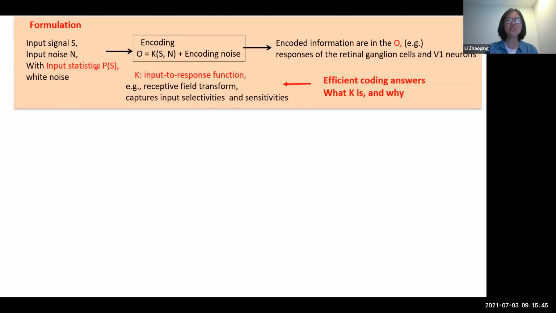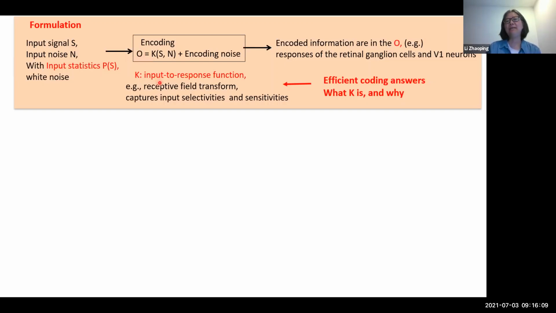And from this, you ask, how can I transform it by this K? K is a function which takes the input to the response. How can I transform an input, which is photoreceptors as a function of space and time, cone type (red, green, blue), and which eye, left eye and right eye, into neural responses? O stands for output.